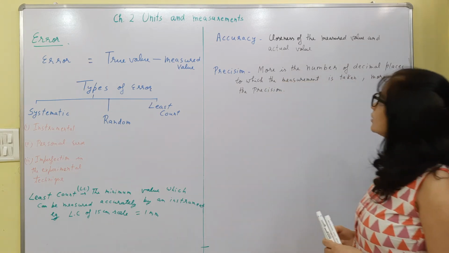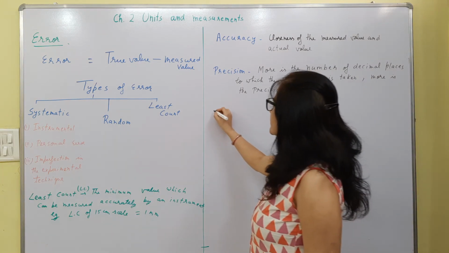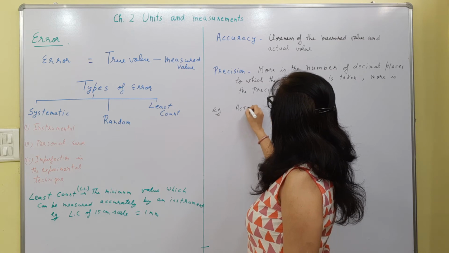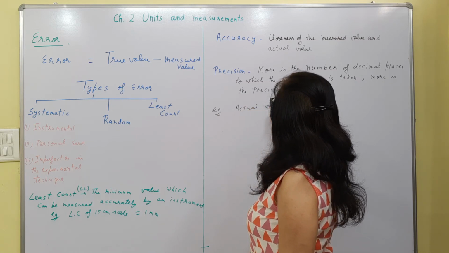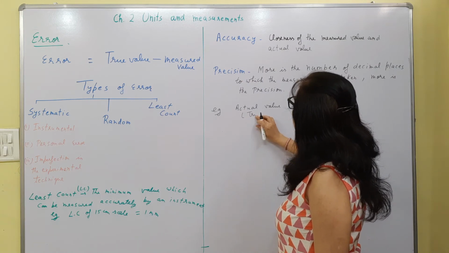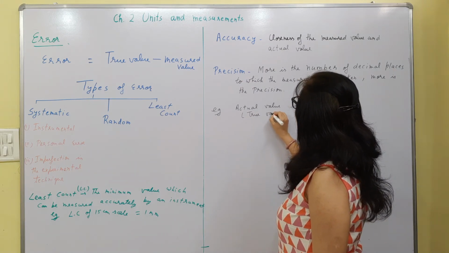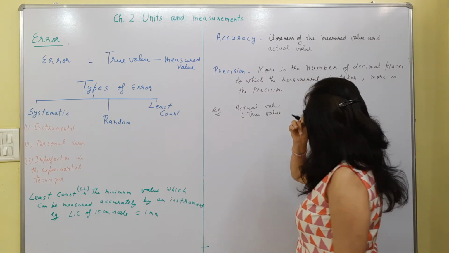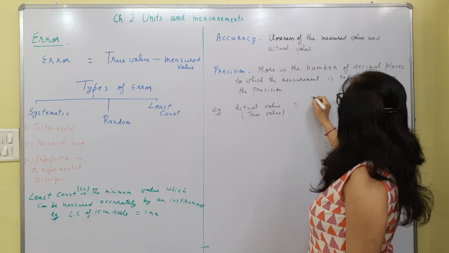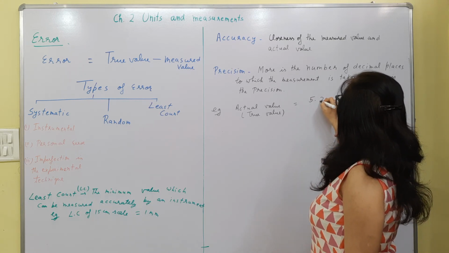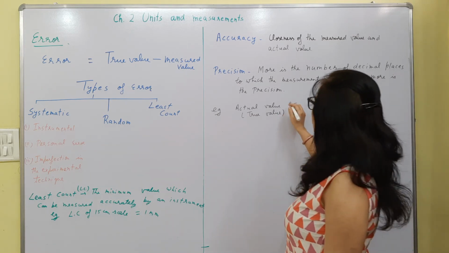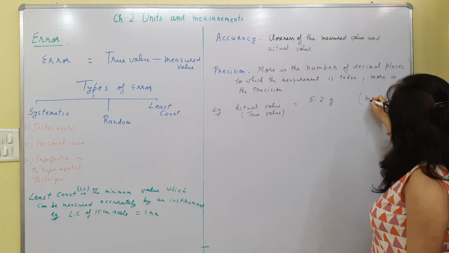Let's take an example to understand the difference between the two. Suppose the actual value, which is also called the true value, is 5.2 gram. Suppose we are given the actual value of the mass of a body, okay?